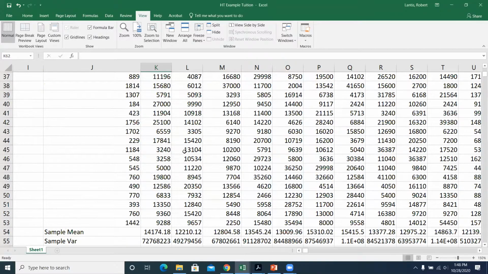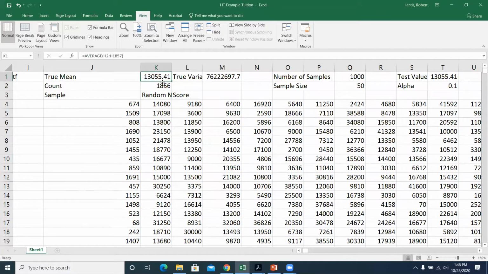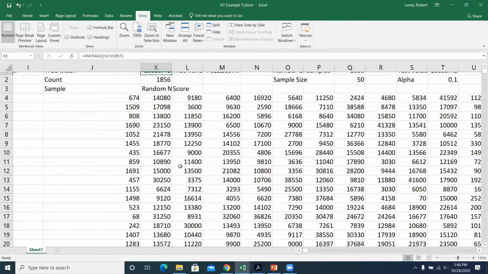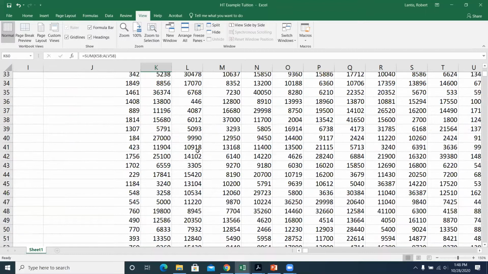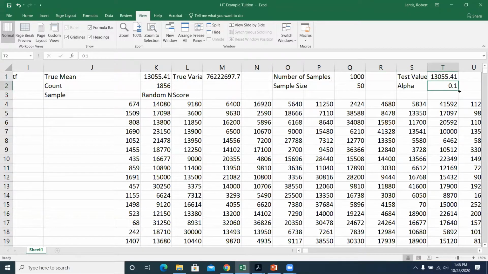But this is kind of a nice example to see, like, if we had the population data, we could take all these samples and realize that, yeah, for all these 1,000 samples, 110 times, we're going to make the wrong decision, right? And that's because wherever we set alpha, right, I can actually show you. Let's say I set alpha to be 0.01.